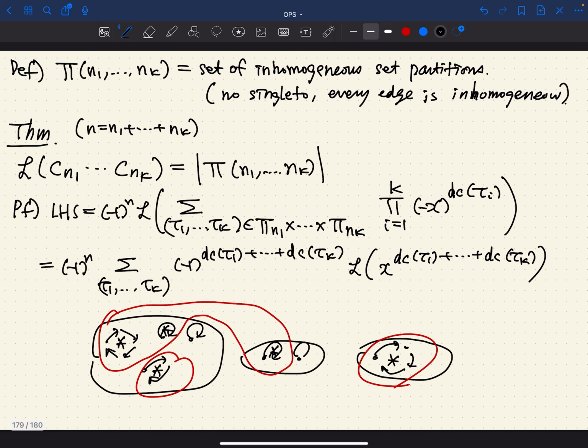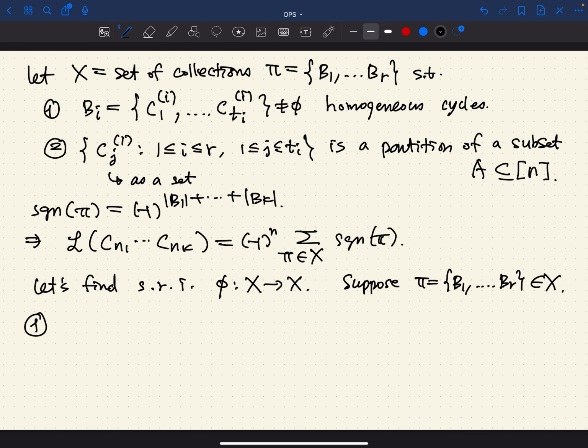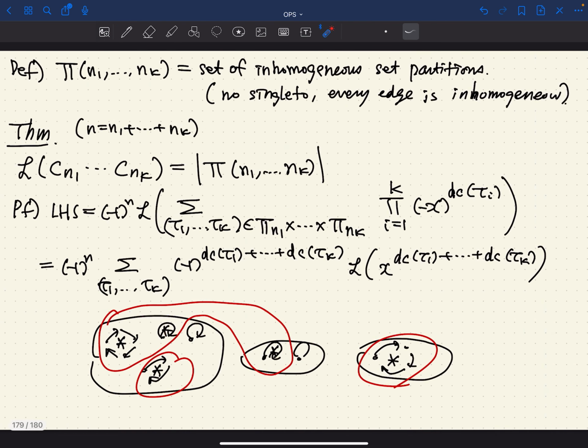Imagine this configuration like this in your head. The easiest case is if there is a non-decorated cycle, which always has length 1, we can just make it decorated and then create a new block out of it.